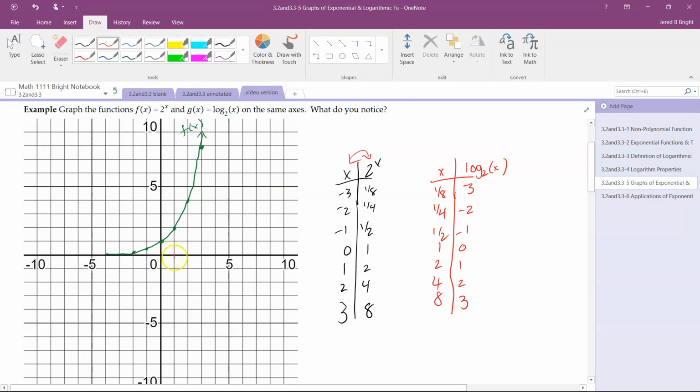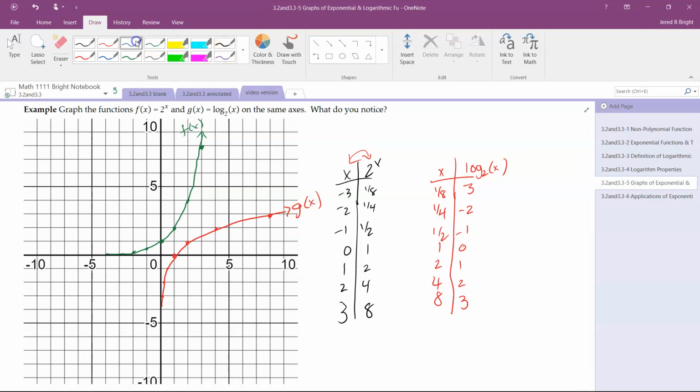Now I'm just going to plot these points. That one, 2, 1, 4, 2, 8, 3, and then we get something like this. So there's our function g of x.